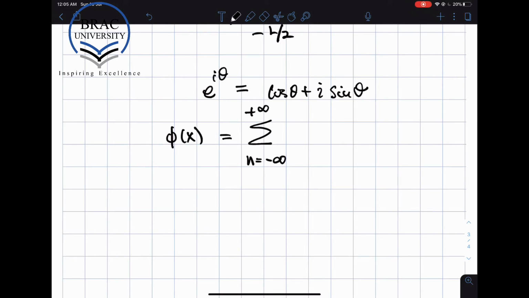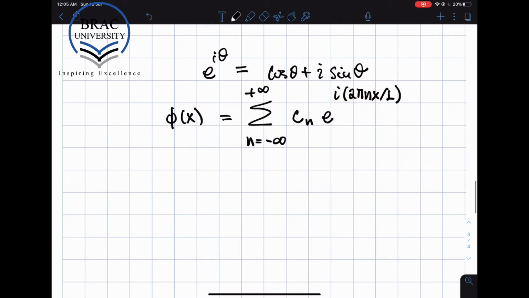We've got some new coefficients we're going to call Cn, and then there'll be an exponential of i 2 pi n x over L. These coefficients Cn are related to the other coefficients A and B in the following way: if n is positive, Cn is half of an minus i bn.